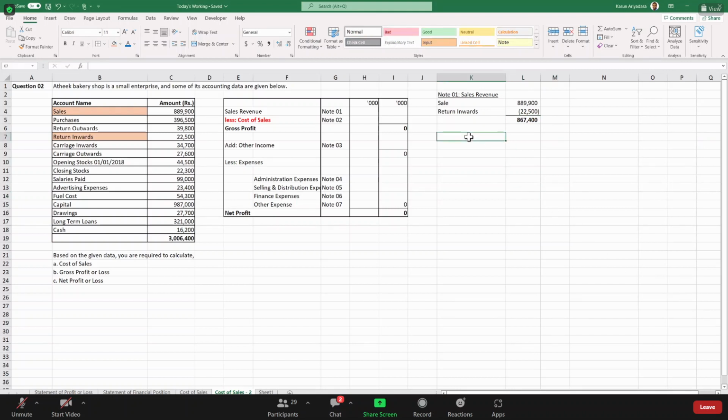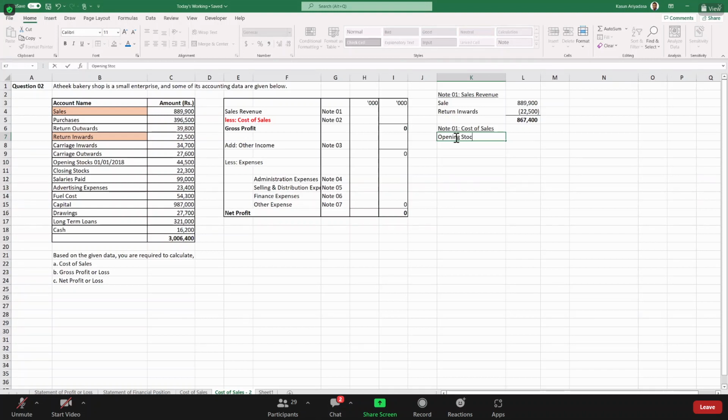Then cost of sales, note two. By now we know that for cost of sales we can take the opening stock first. What is already available?